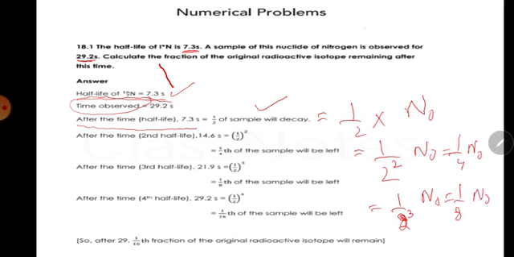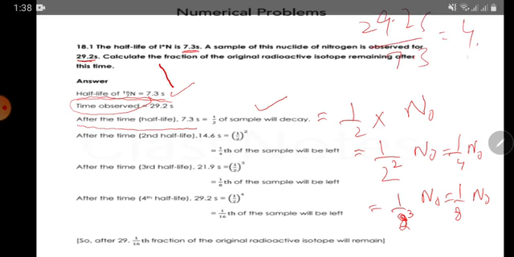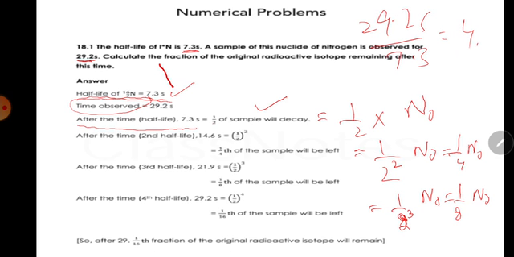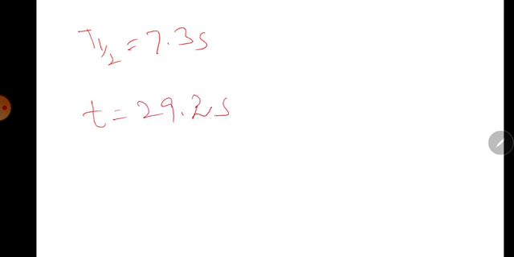So 29.2 seconds contain number of half-lives 4. So you will calculate the amount of sample after 4 half-lives. Half-life is 7.3 seconds. Time for which observation is made is 29.2 seconds.